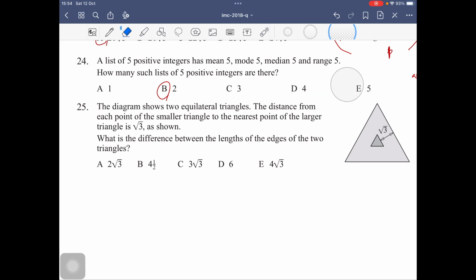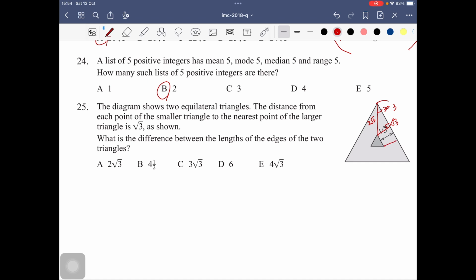And here there are two equilateral triangles, and the difference is square root of 3 here. Let's say here is a square root of 3, and because this is the equilateral triangle, this is a 30 degree, which means that this is 2 square root of 3, and this is 3 because of the ratio.